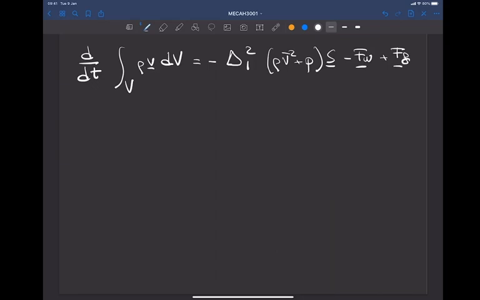And so this is my general momentum balance applied to the control volume.